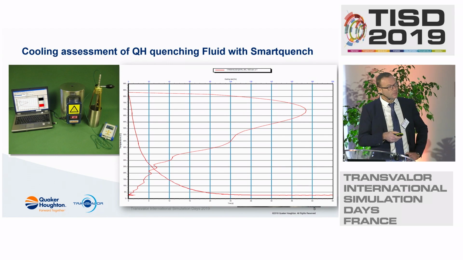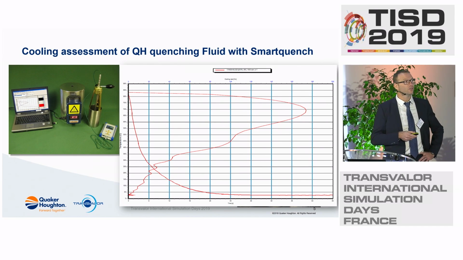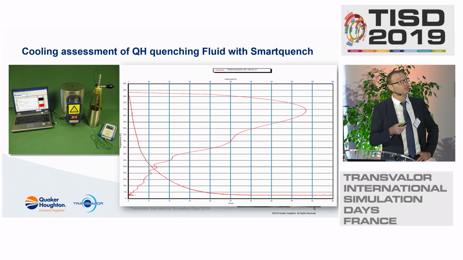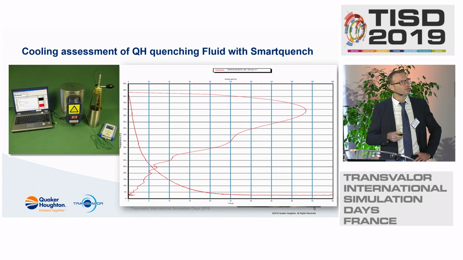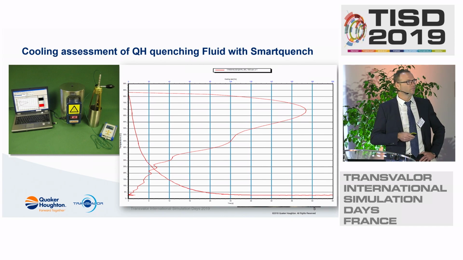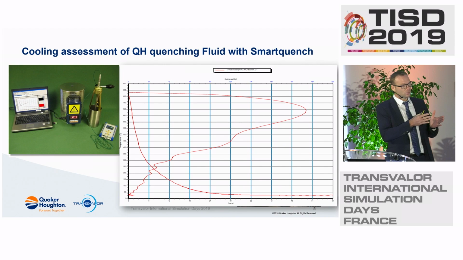So this gives a temperature with the time, and the derivative of this cooling curve gives this line, which is the cooling speed, the cooling rate of the fluid. And that will be the base of our study with Transvalor, and it's based on this cooling curve that we will use the calculation of this inside the software.